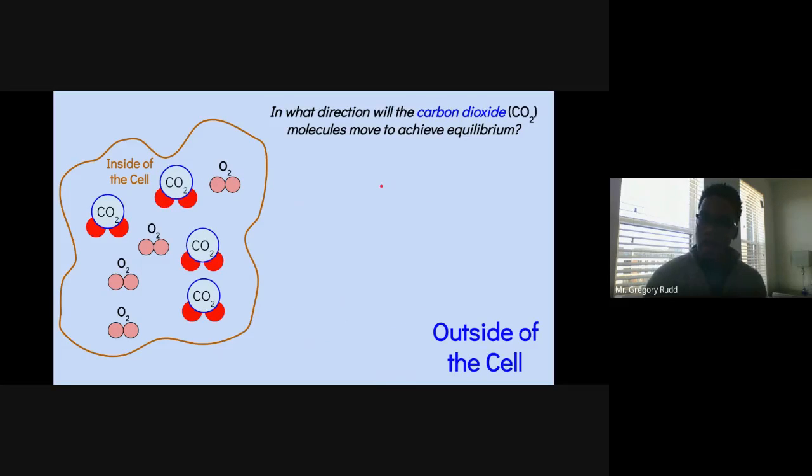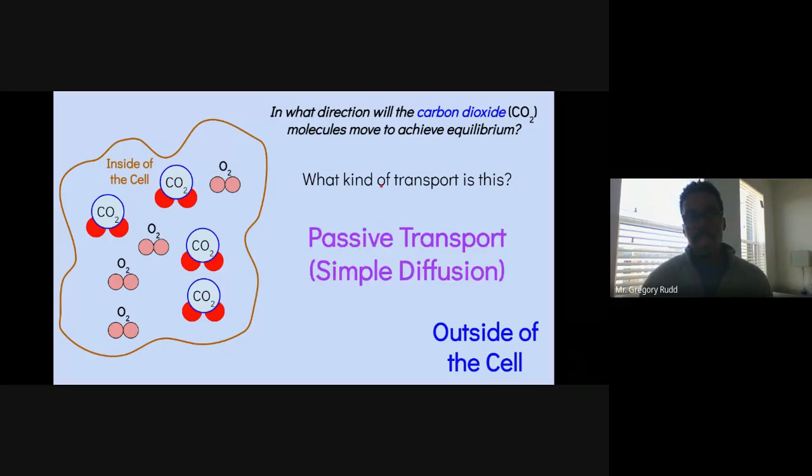That's called passive transport. And because these are specifically small molecules, this is actually more specifically simple diffusion. They don't need the help of a protein. They just move by themselves across the membrane. So this is passive transport, simple diffusion.